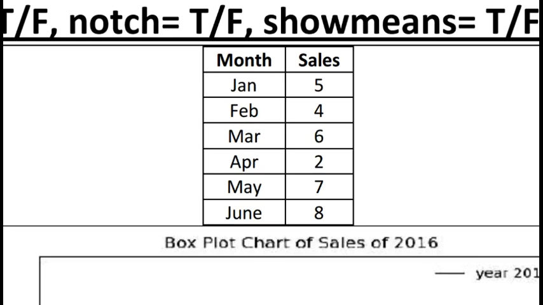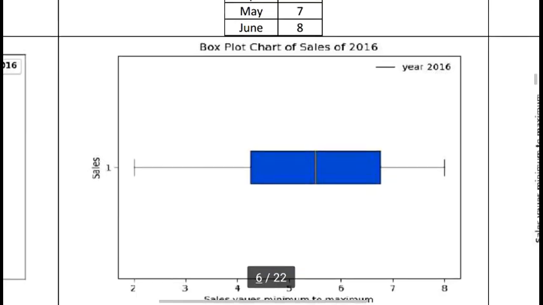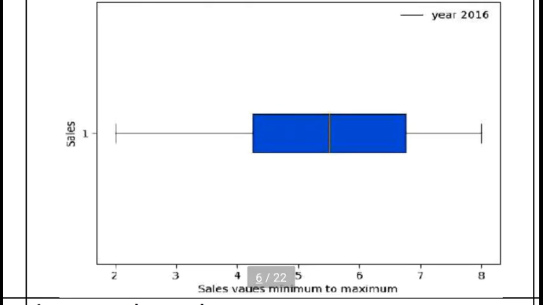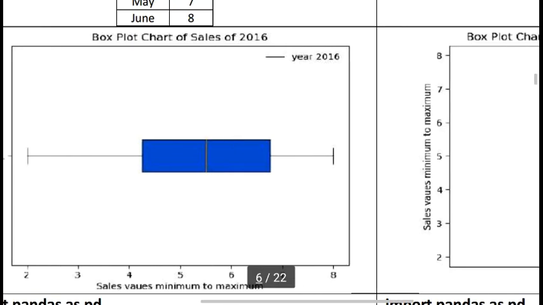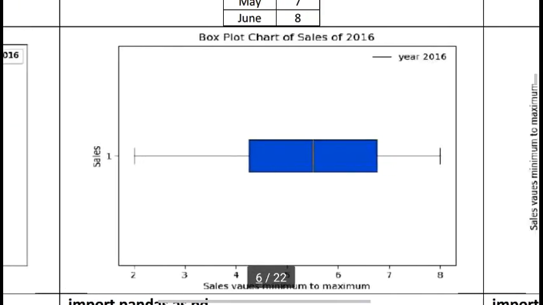Month and sales: Jan 5, Feb 4, March 6, April 2, May 7, June 8. So this is our chart again, with sales 2, 3, 4, 5, 6, 7, 8. This one is vertical, and this is in horizontal form.